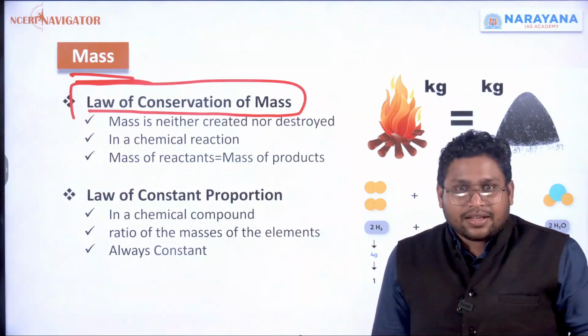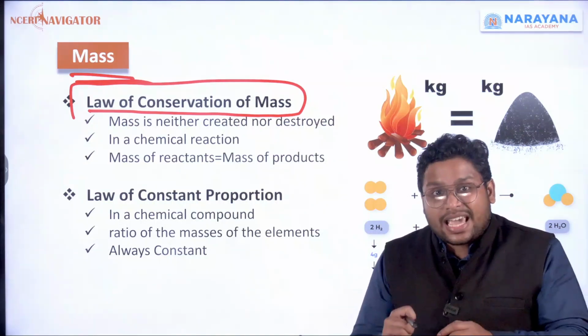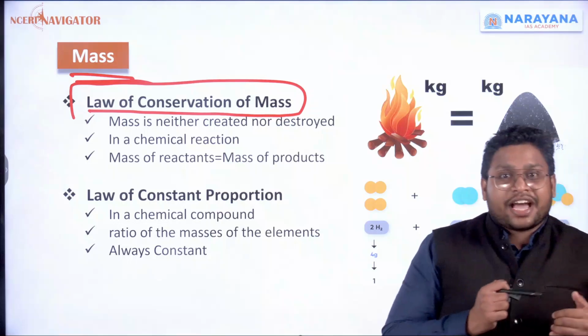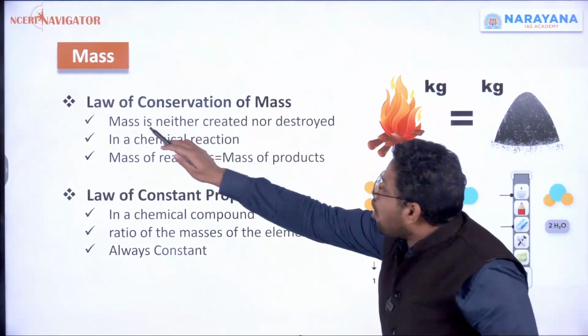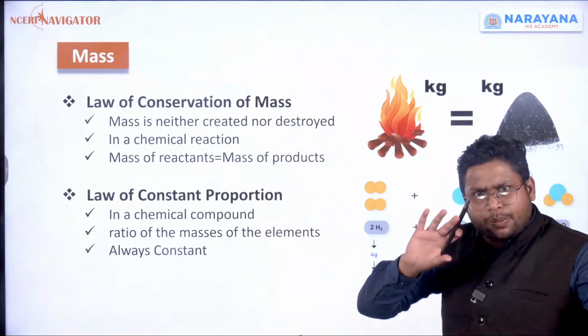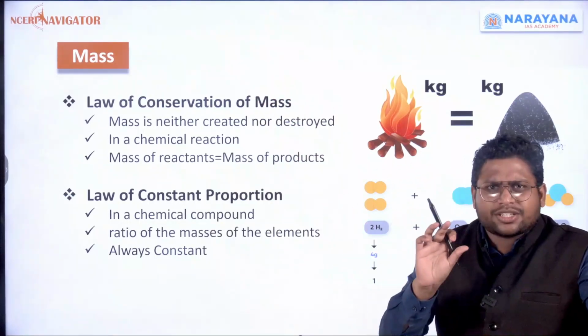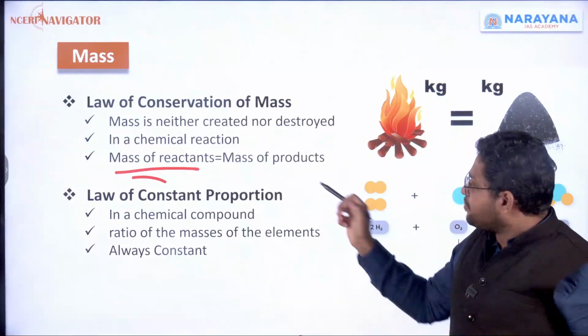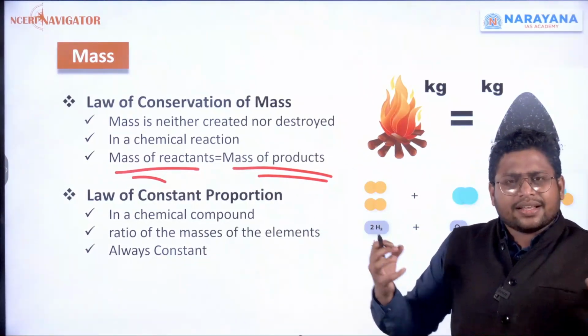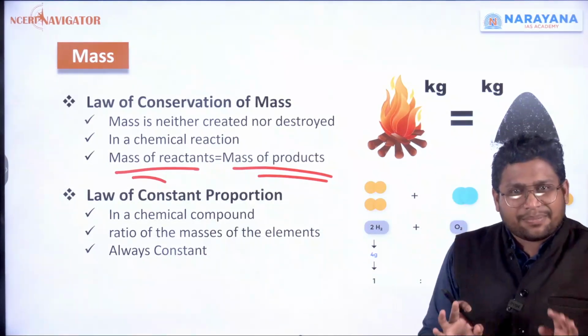So that means mass remains the same even after a chemical reaction. So we called this the law of conservation of mass. I had proved that using a chemical reaction also. I said that there are some reactants on this side. After the reaction, whatever product is there, the mass remains the same.